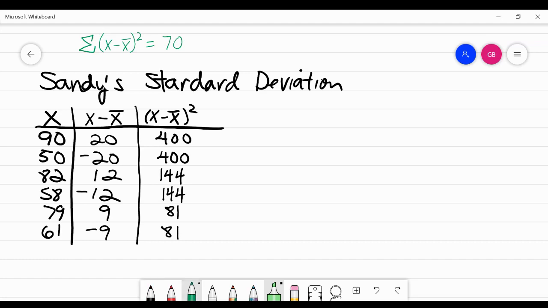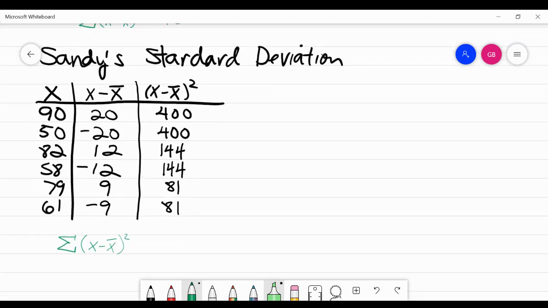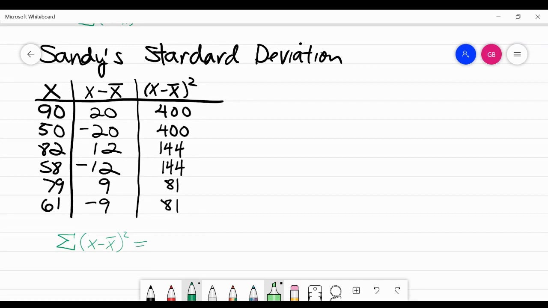Next, you're going to sum all of the x minus the mean squares. Okay, so add all these numbers up. 400 plus 400 plus 144 plus 144 plus 81 plus 81. That's 1,250.